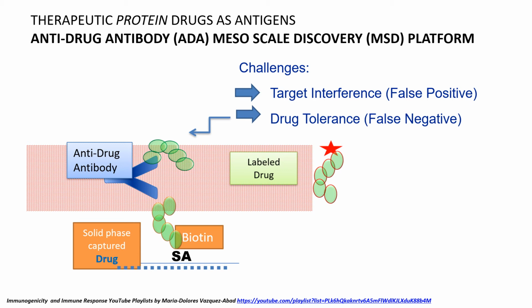So with all of that, you do need to understand if you are using an assay that allows you to take the sample soon enough after the injection of the drug, but there's a protocol that can get rid of drug in the blood when you're testing these antibodies so that you don't get false negatives in the assay.